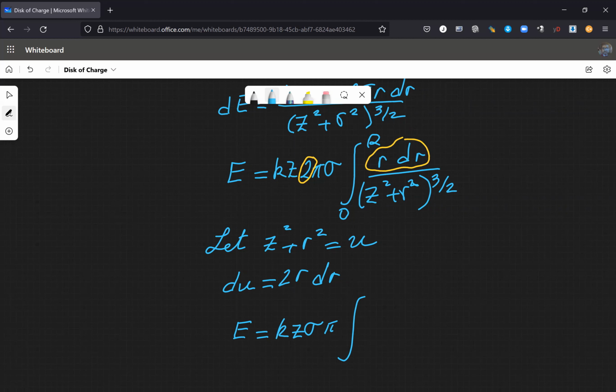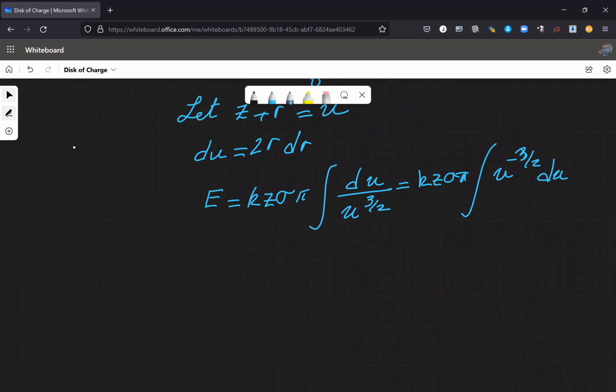So 2 pi r dr, that's du, over u to the 3/2, which equals kz sigma pi integral u to the negative 3/2 du. This is just a simple power rule integral.